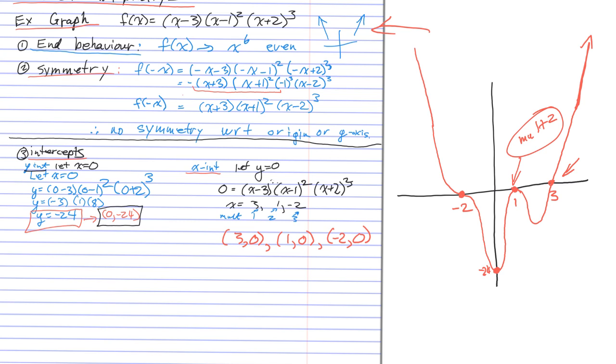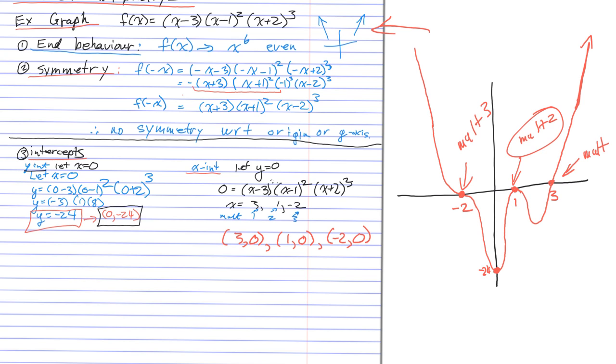Multiplicity 1s have a straight line going across. Multiplicity 3s have a little flat dip as they cross. Multiplicity 2 just barely touches and then forces itself to jump up or continue straight down for the rest of infinity. We're going to be creating graphs just like this every day in our math class.